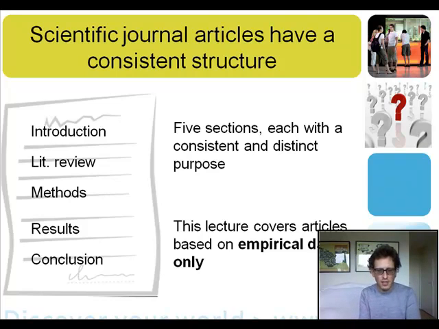This lecture and the scientific articles I'm talking about are based only on empirical data, meaning the author of these articles went out and observed tourists' behavior through interviews, through a questionnaire, through direct observation, something like that, and then wrote that into a scientific article. Most of the articles you will come across are indeed based on data, based on some observation of tourist behavior, and that's the kind of article I will be talking about today.